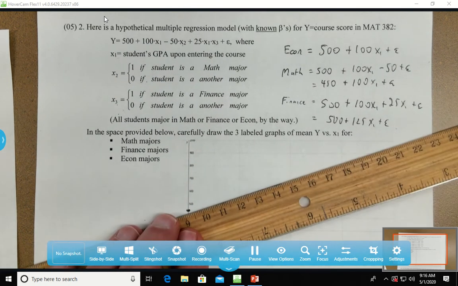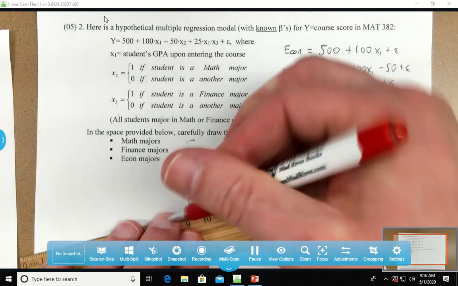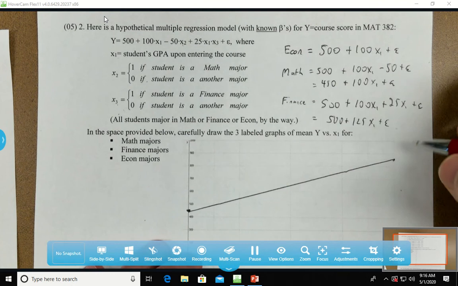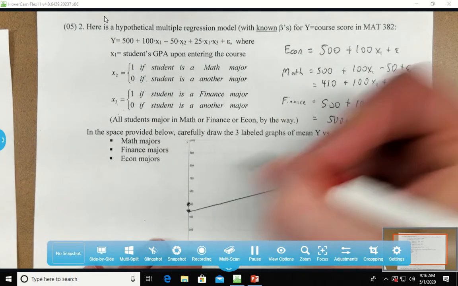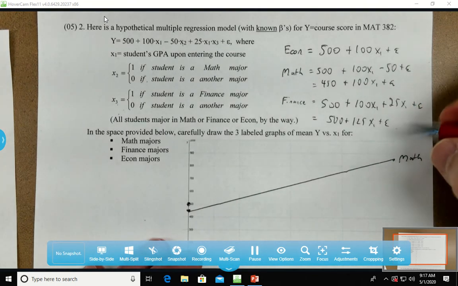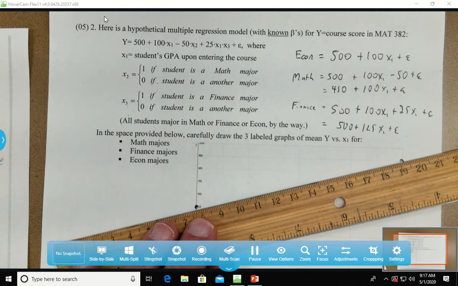Go ahead and draw that line. So this is math. Econ would start at 500 and would add 400, so 4 times 100, that would be 900. So I draw that graph.